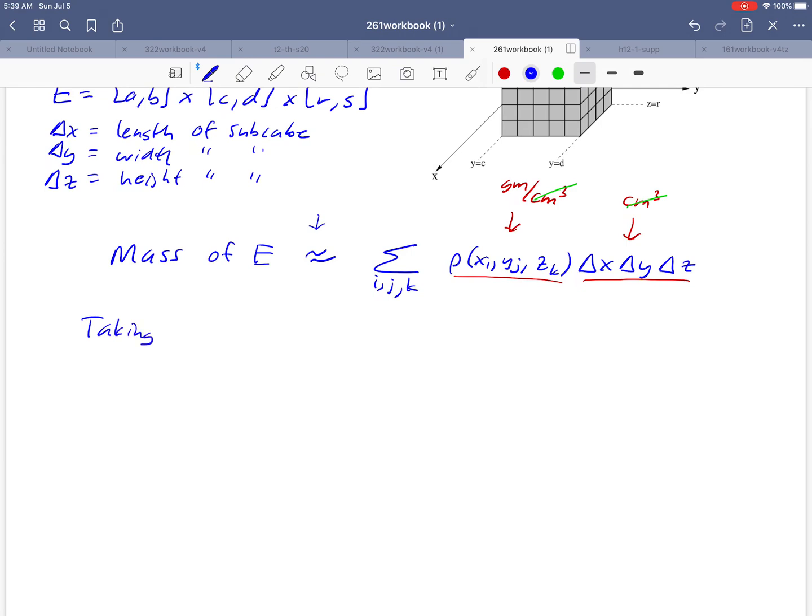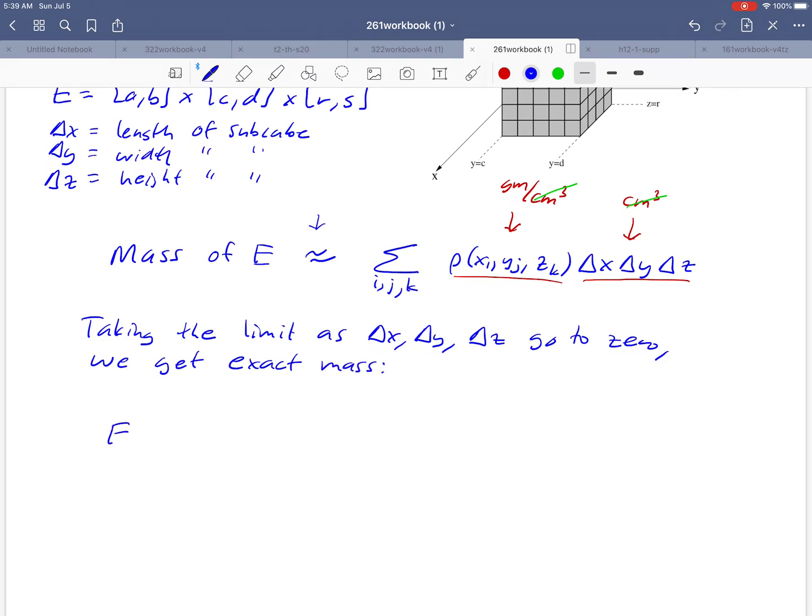Okay, so let's put that into words. Taking this limit, we get the exact mass, and we can write that as follows. When we do that, this sum that we had up here is going to turn into an integral, and it's a special type of an integral called a triple integral.